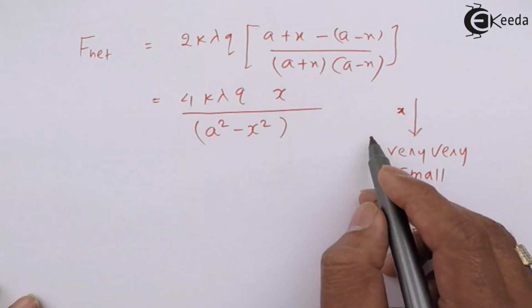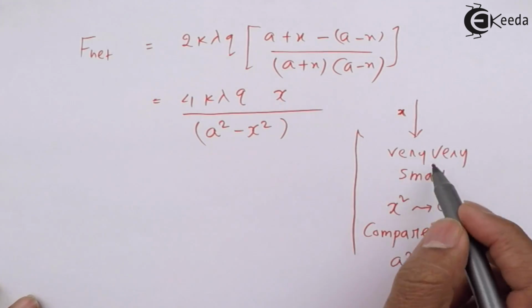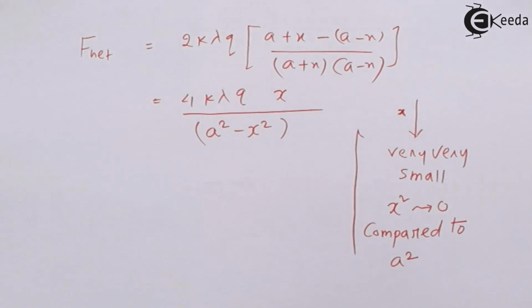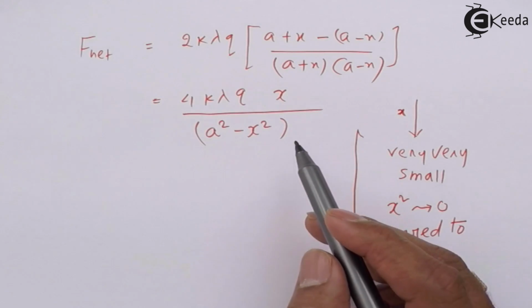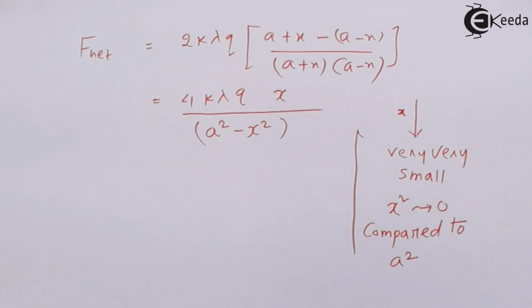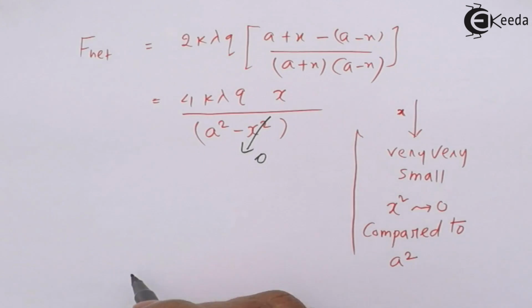So I put this assumption, this condition, that x is very small compared to the distance between the two parallel wires, the displacement is very small. Therefore you can neglect it, make it 0.